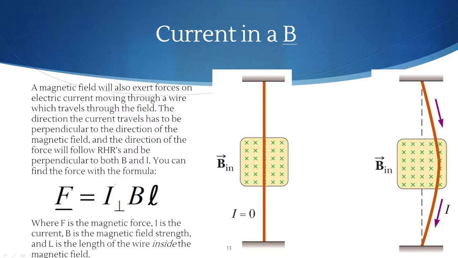If the magnetic field is pointing perpendicular to the current flow, that can push wires out into places they aren't supposed to go. That can cause some wires to be pushed into other wires that they're not supposed to touch. That can cause wires to sometimes just get ripped out of socket if they're not protected well enough or anchored down tightly enough. And so this is one reason why magnets can ruin an electronic device.